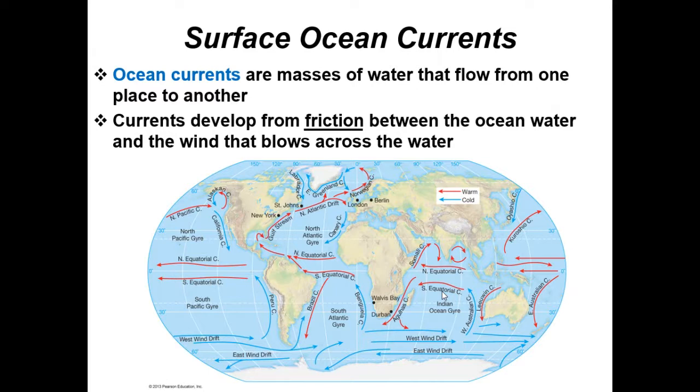First is the warm ocean currents. They originate at or near the equatorial regions, and their job is to transport warm equatorial water toward the polar regions. Okay, so you'll notice that the red warm currents, some head upwards in the picture, some head south or downward in the picture, going toward the two different poles.